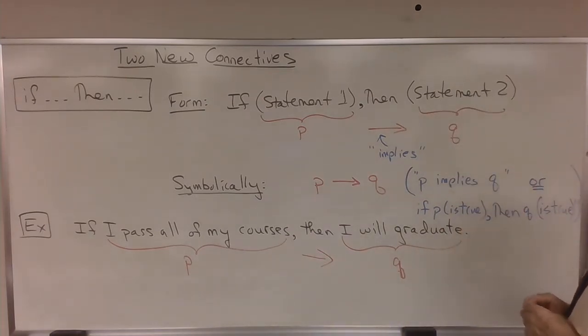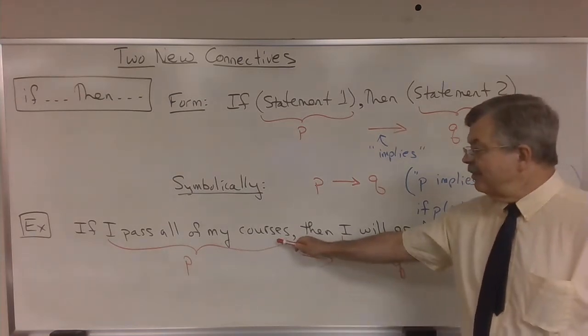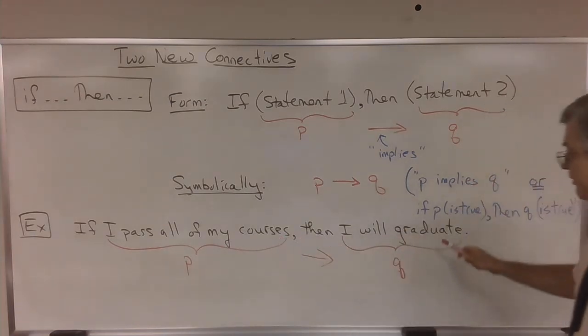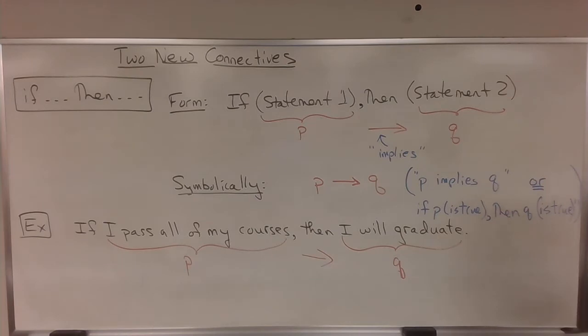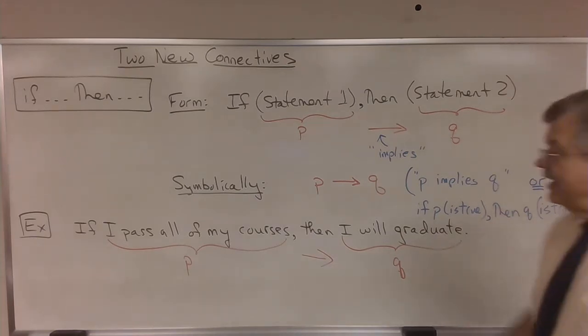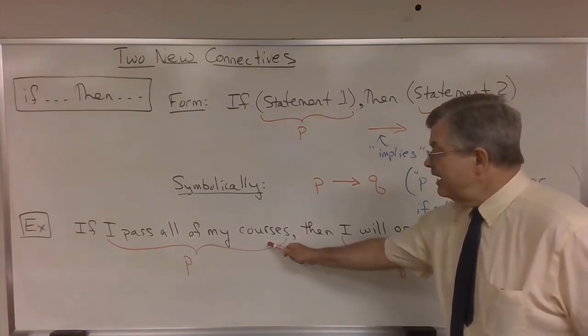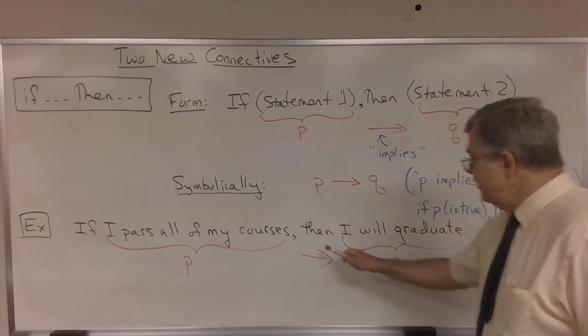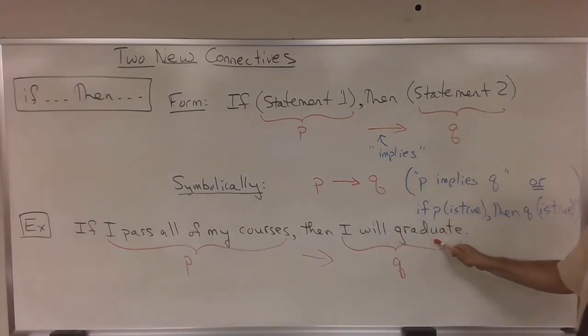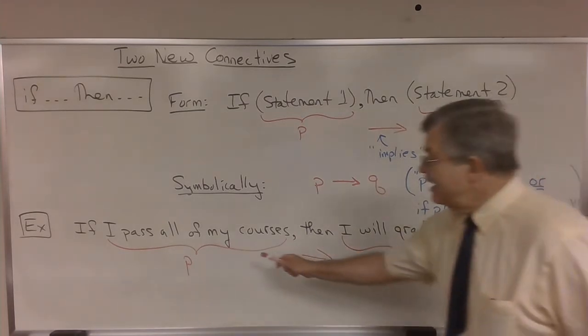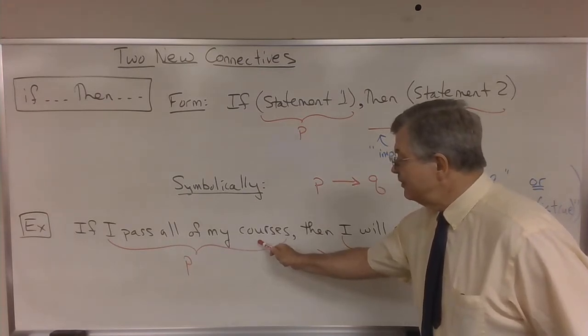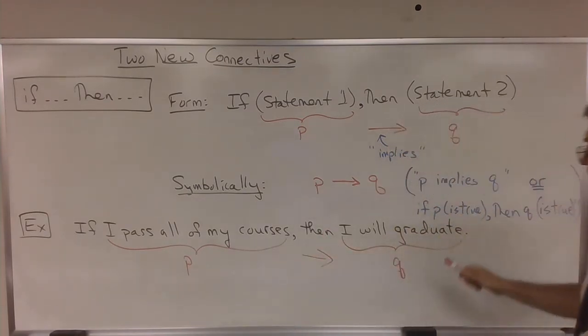The meaning is, passing all my courses implies I will graduate. Or, if it's true that I pass all of my courses, then it will be true that I graduate.